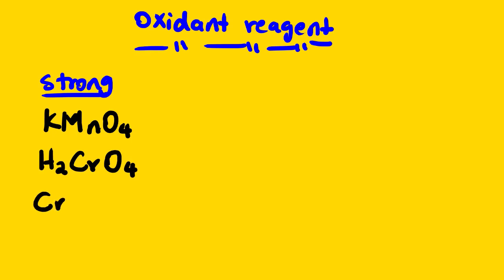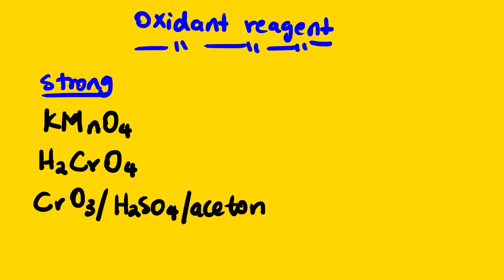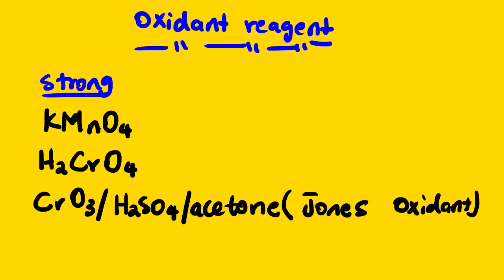We have a combination of these substances together with acetone. It is known as Jones oxidation or oxidant. Sometimes in a reaction we'll simply write Jones oxidant. You should know that it's a very strong oxidant.